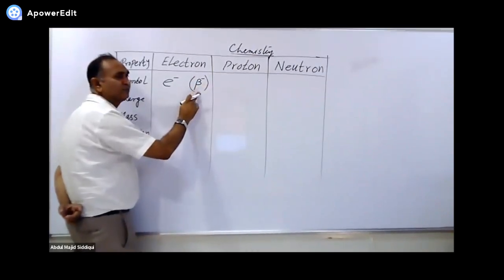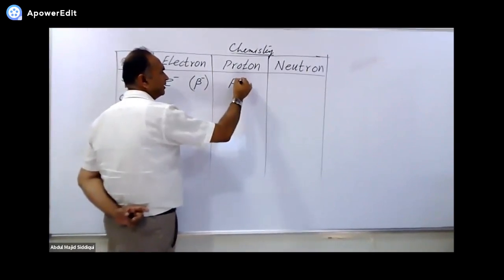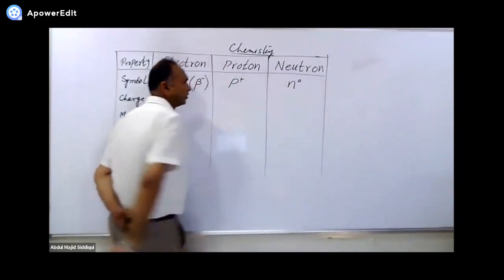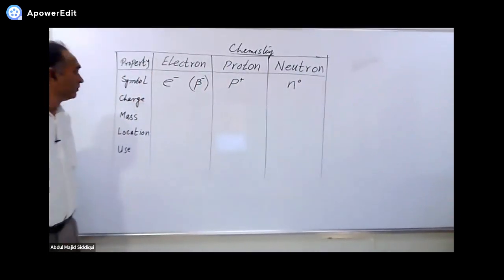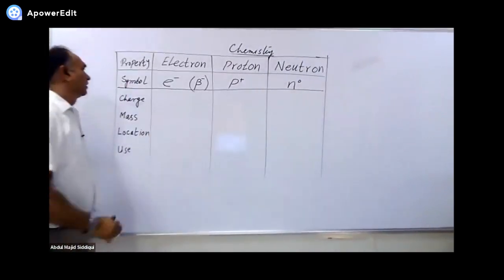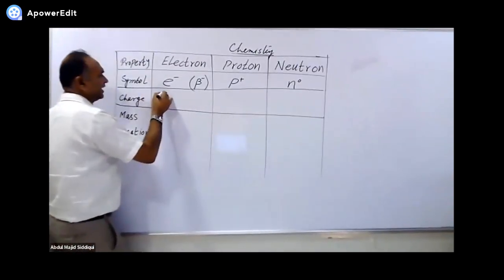It's not D, it's beta. What is the symbol of proton? p plus. What is the symbol of neutron? n0. Alright? What is the charge on an electron? Negative.